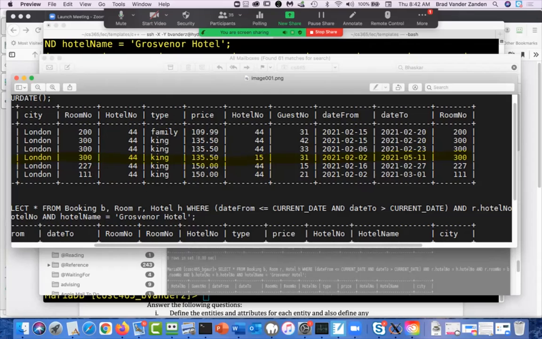In this case, room 300 was occupied in hotel number 15. And so you included that in your result, even though that wasn't a reservation at the Grosvenor Hotel.